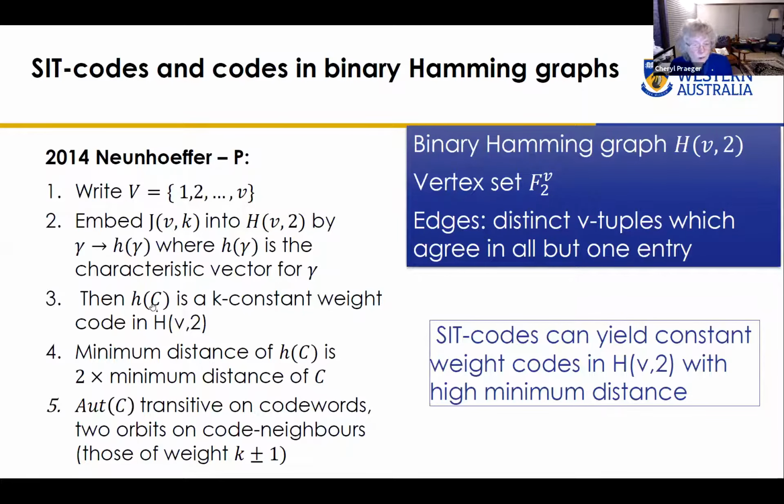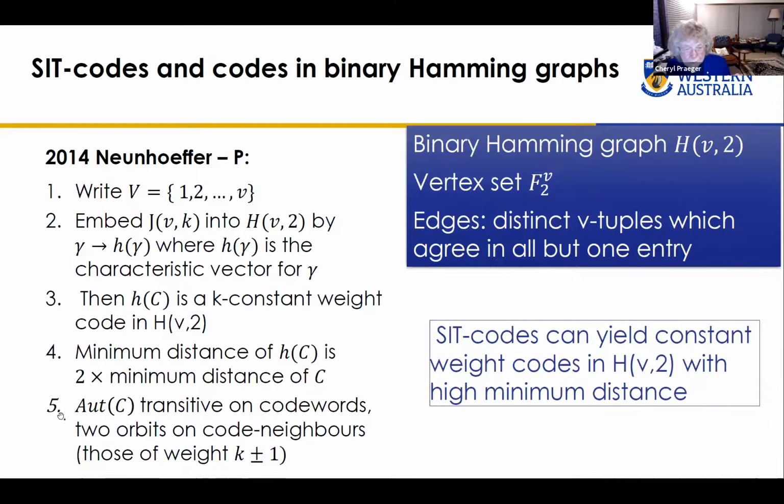And so the code that we're getting inside of the binary Hamming graph is a constant weight code, okay? And the minimum distance between code words in the embedded code is twice the minimum distance in the original code in the Johnson graph. So they've got rather nice error correcting properties.